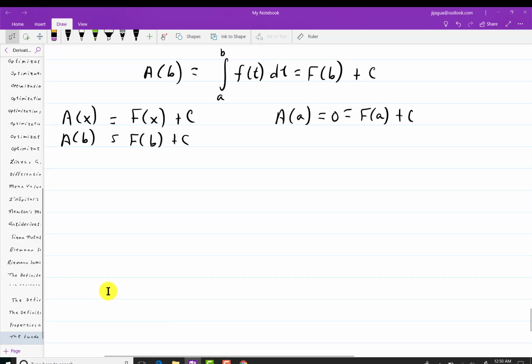And then we have capital A of b minus capital A of a.